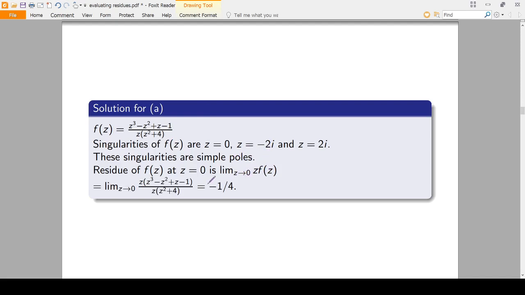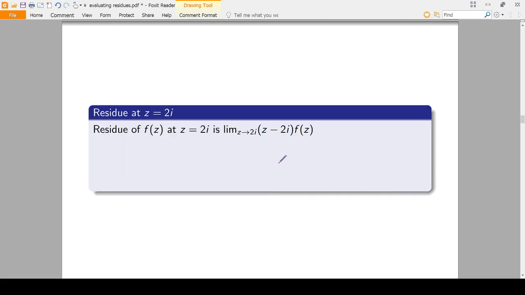When I do it, the z in the numerator and z in the denominator get cancelled, and when I allow the limit z tending to 0, I will have minus 1 by 4. For the second pole, z is equal to 2i, I have to multiply f of z with z minus 2i and allow z tending to 2i.